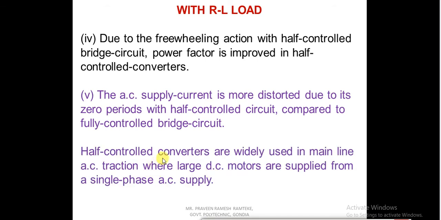Half control converters are widely used in mainline AC tractions where large DC motors are supplied from a single phase AC supply. Means the supply is single phase, but the DC motors are consuming more power.